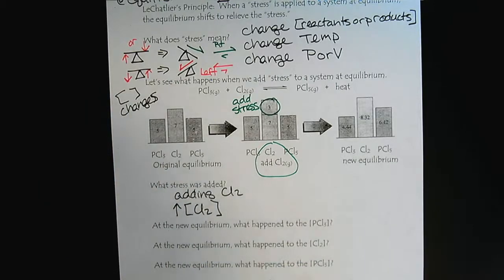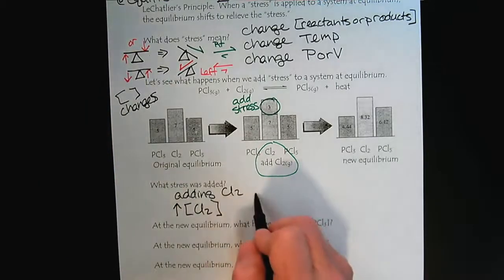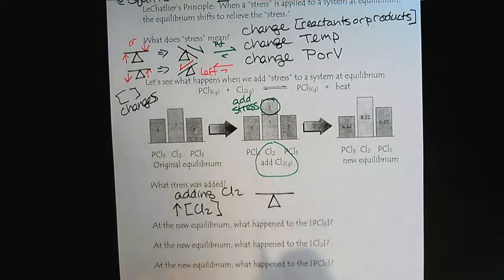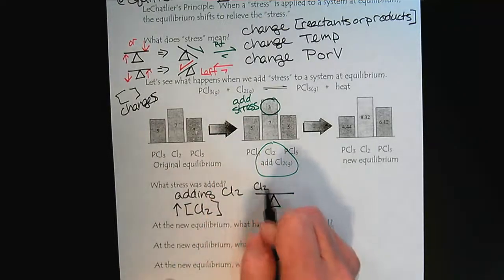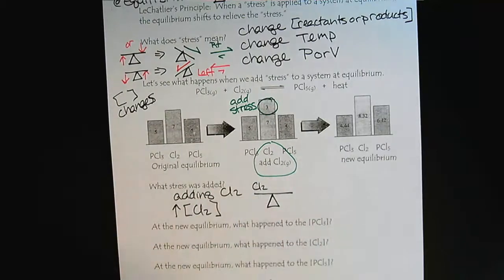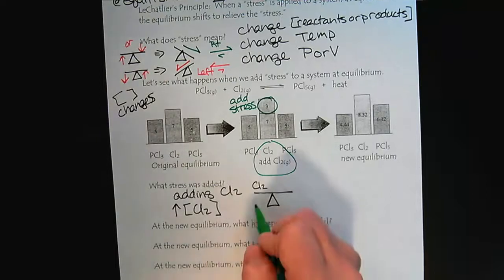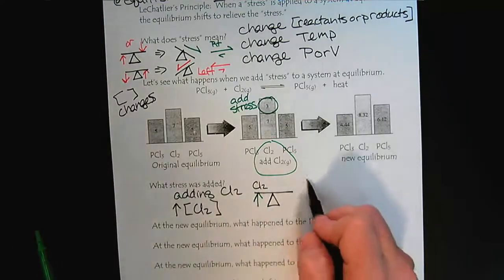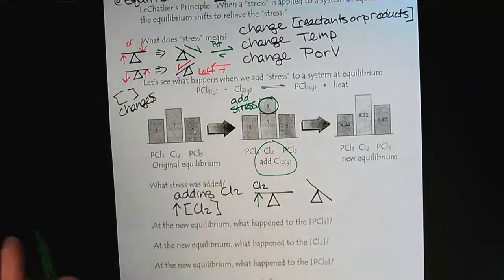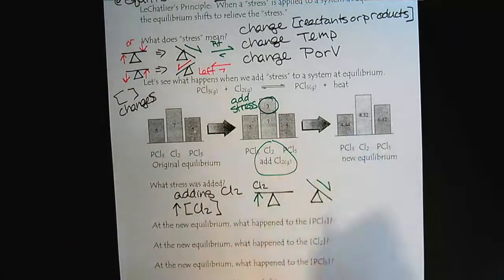Okay, so let's use our teeter-totter. So the system was at equilibrium, and then we look at chlorine. Chlorine's on the reactant side, so we put it on the left side of the teeter-totter. What did we do with that chlorine? We increased it. So by pushing up on the teeter-totter, we're going to slide it to the right.